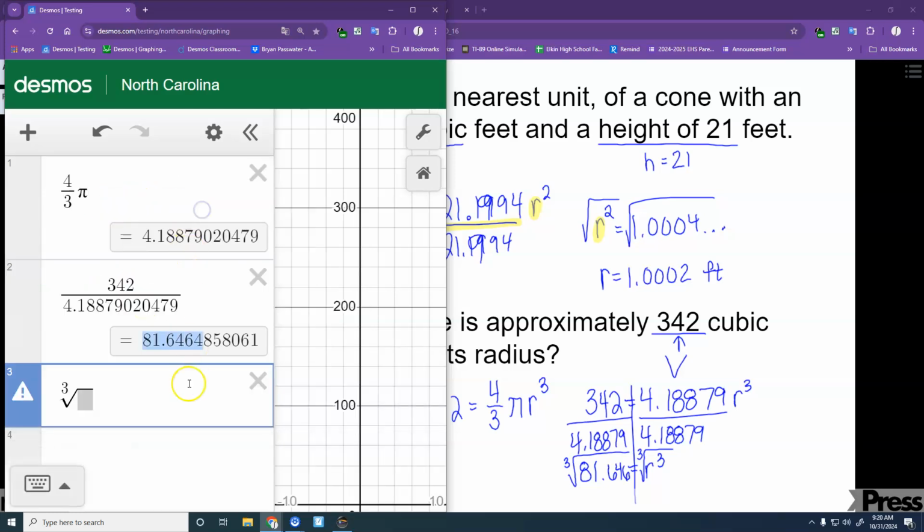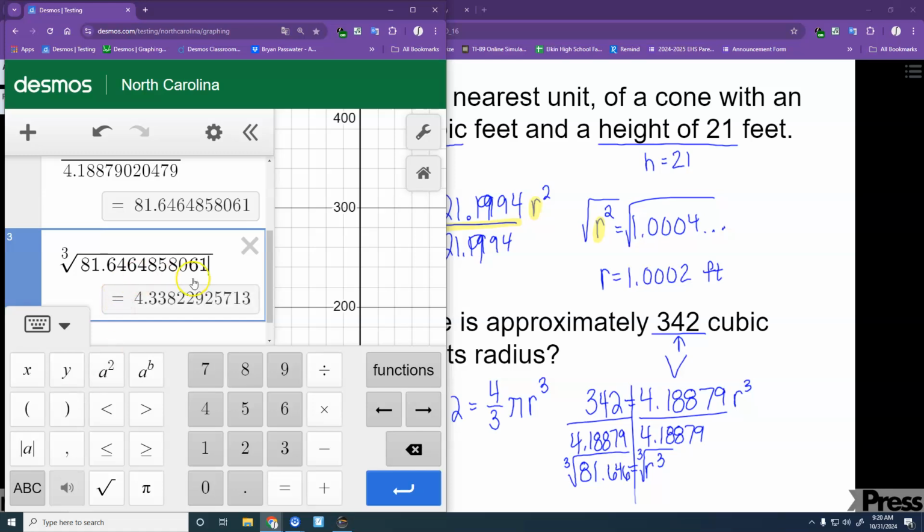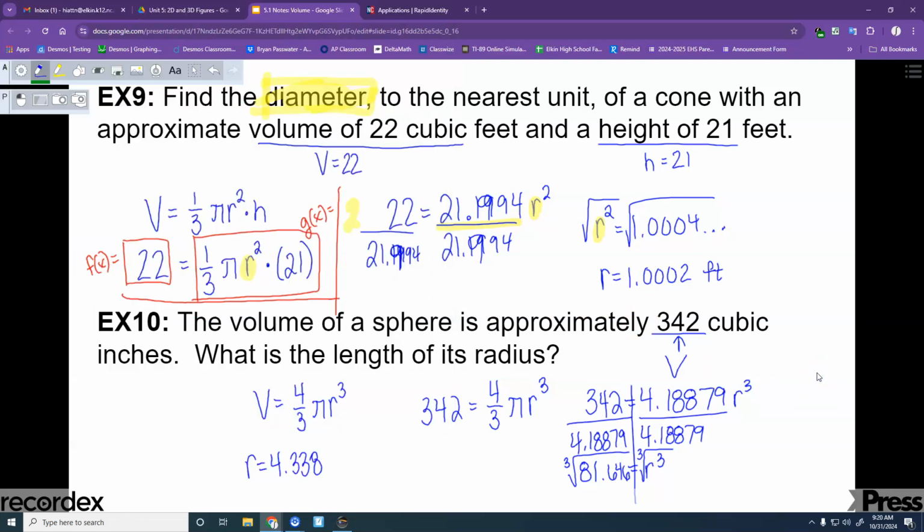I'm going to copy and paste that number right here, and that gives me 4.338, which is what I got with Desmos as well, right? I like doing it by hand because sometimes the graphs are hard to get zoomed in correctly on Desmos. But Desmos is an option too for solving these once you get them plugged in.